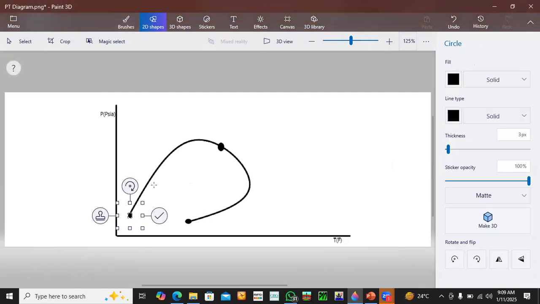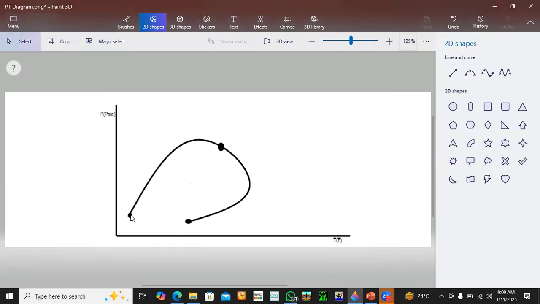So from this point, let's say this is A, this is B, this is C. The curve from this point to this point is my bubble point curve. This is the critical point. From the critical point to this point is the dew point curve.